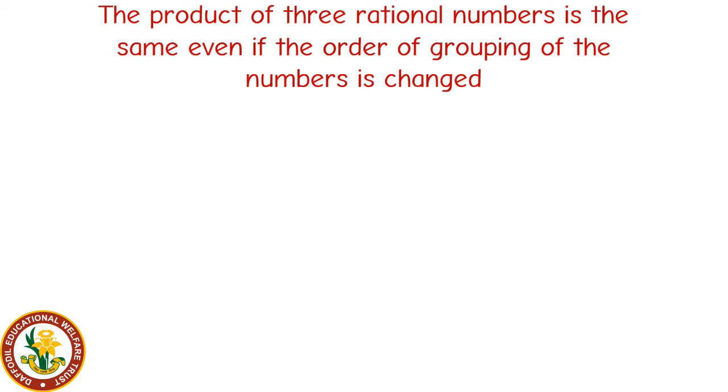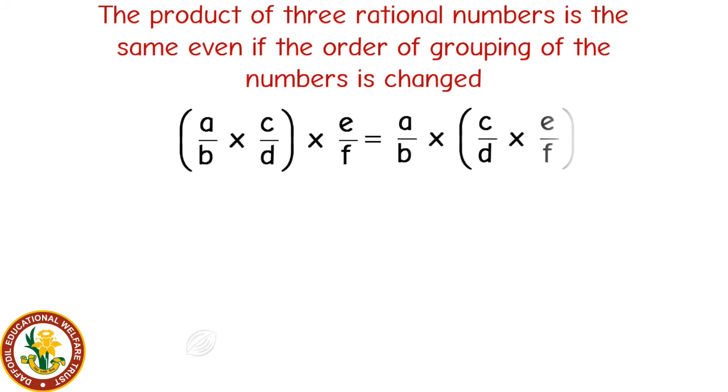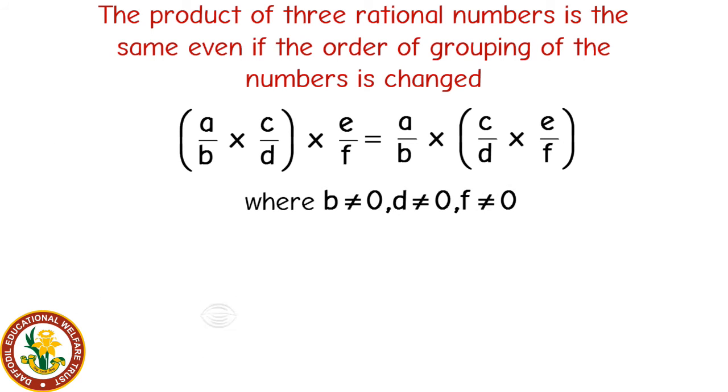The product of three rational numbers is the same even if the order of grouping of the numbers is changed. (a/b × c/d) × e/f is equal to a/b × (c/d × e/f), where b, d and f are not equal to 0. You can easily verify this.